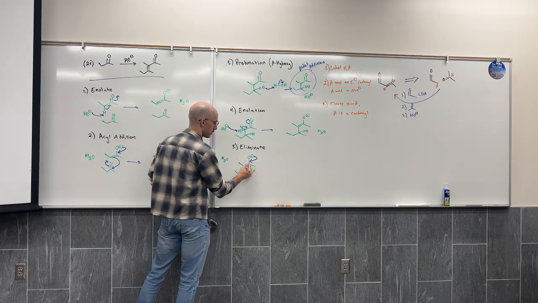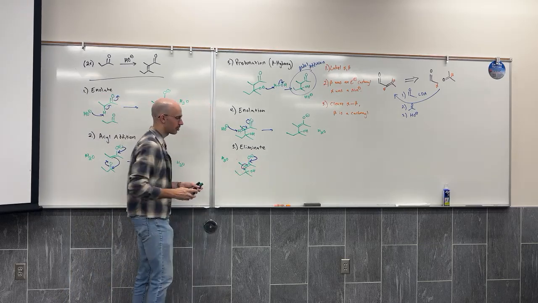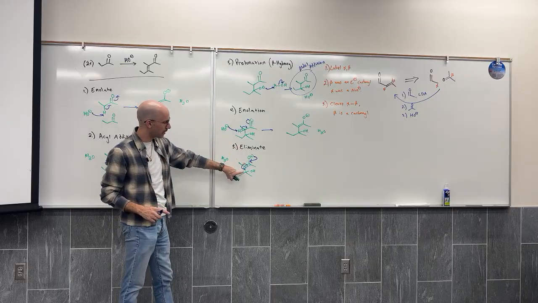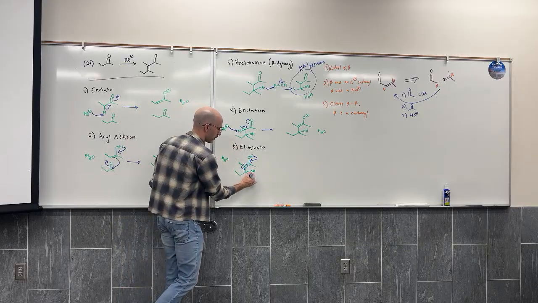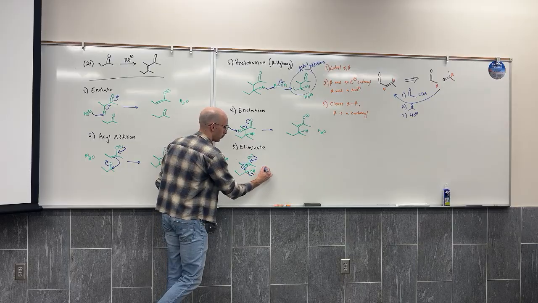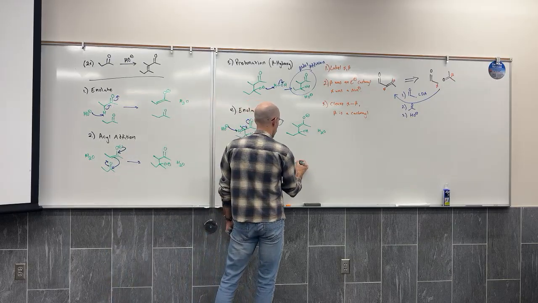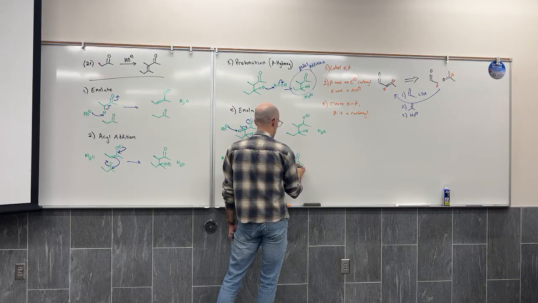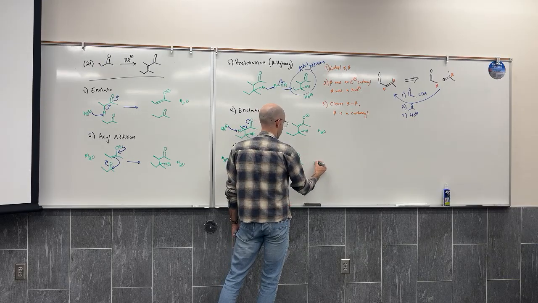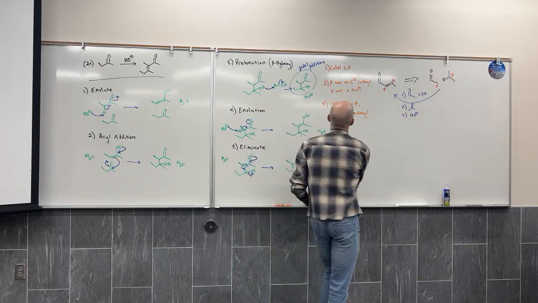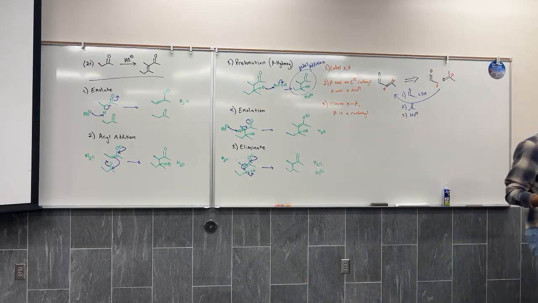Carbonyl reforms. The enolate shifts its pi bond to become the alpha-beta unsaturated pi bond, while the OH group is kicked off as OH minus. We condensed a molecule of water, and we recycled our catalyst.